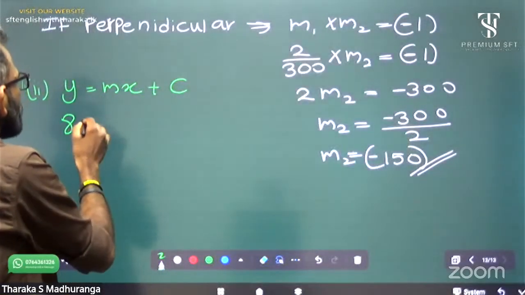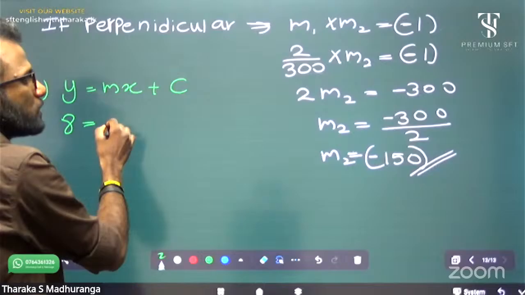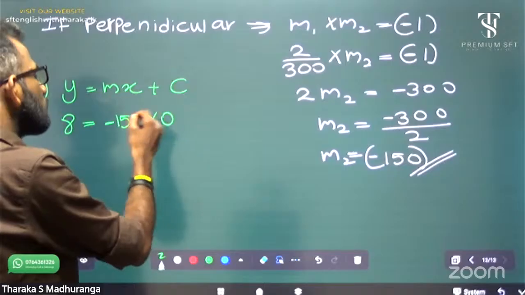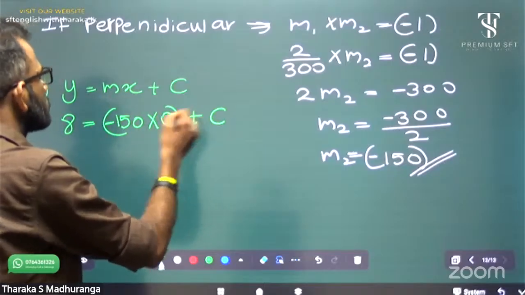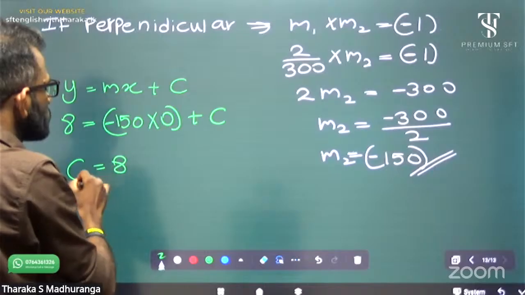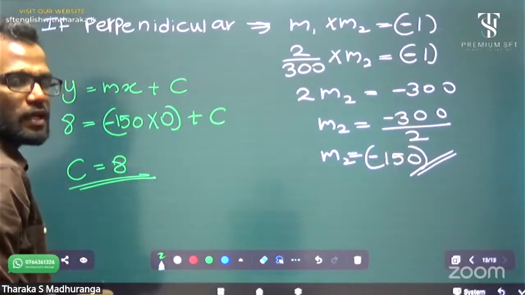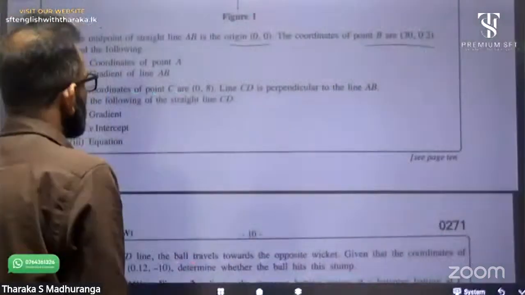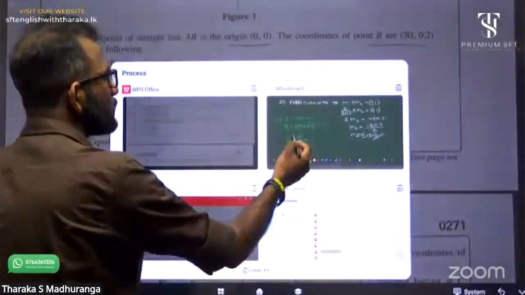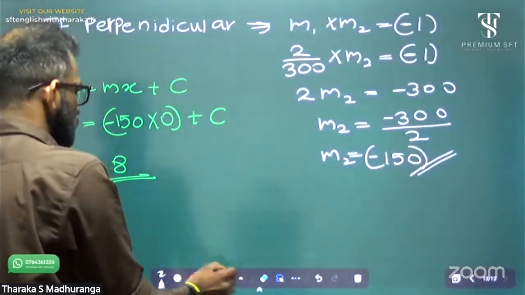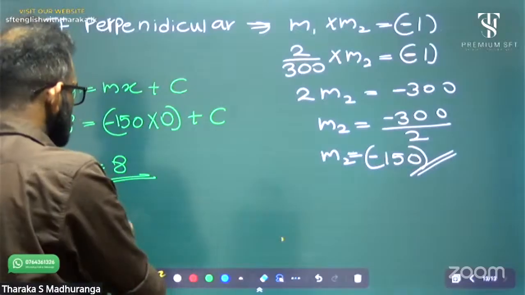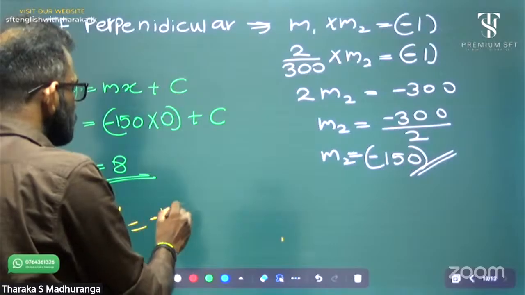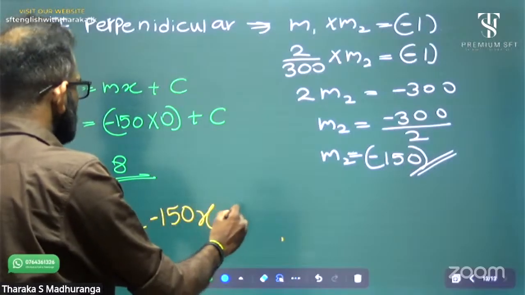Now 8 is the y value. Gradient minus 150 times x, which is 0, plus c. Now c equals 8. 8 is the intercept. Now what is the equation? Y is the variable. Y equals minus 150x plus 8.